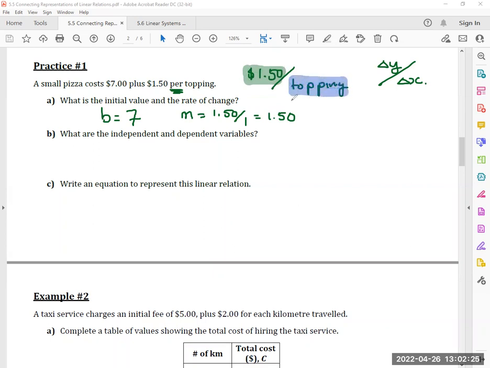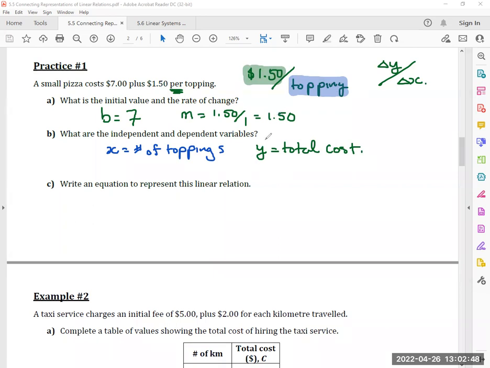So what's my independent? My x value. Independent equals number of toppings. And then my y value would be total cost. The rate of change will help.